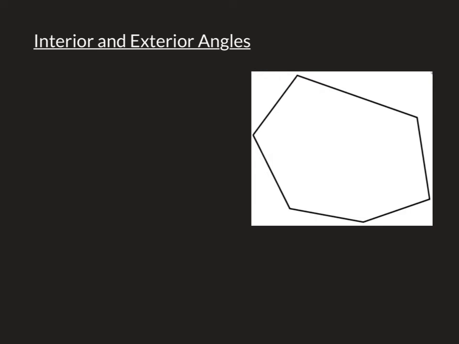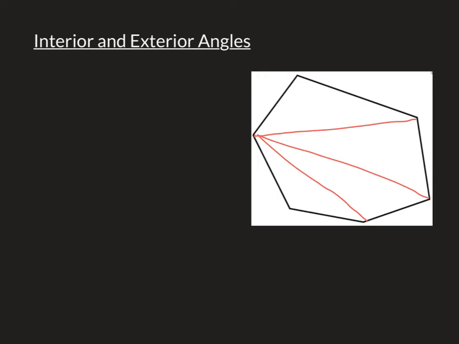So, the interior angles, if you remember how we did this, we did this as a bit of discovery last year, I think. You think about this polygon here, we've got a hexagon. I would split that into triangles, and each triangle has 180 degrees in it, so it would be 4 lots of 180 degrees.